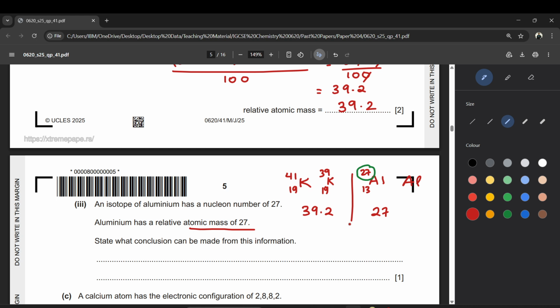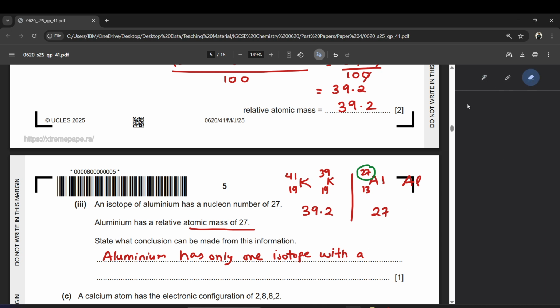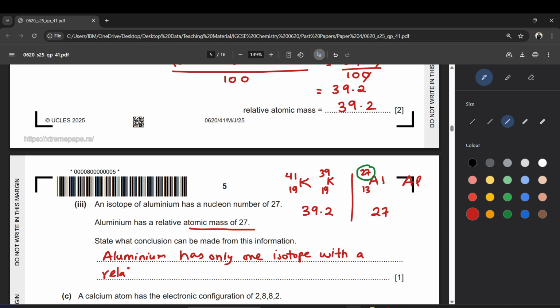Okay, so we can say that aluminium has only one isotope with a relative atomic mass and nucleon number of 27.